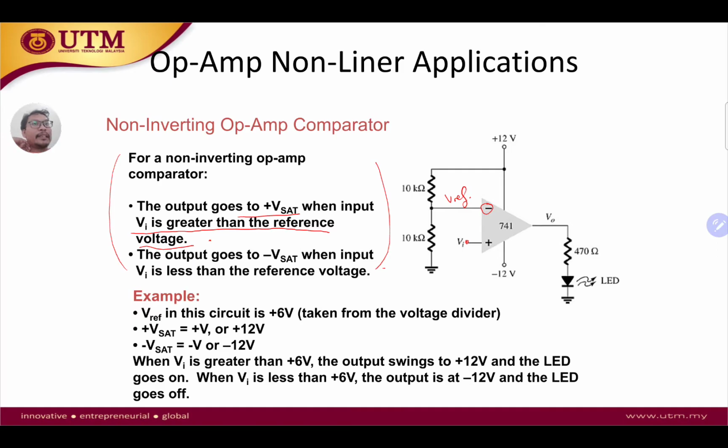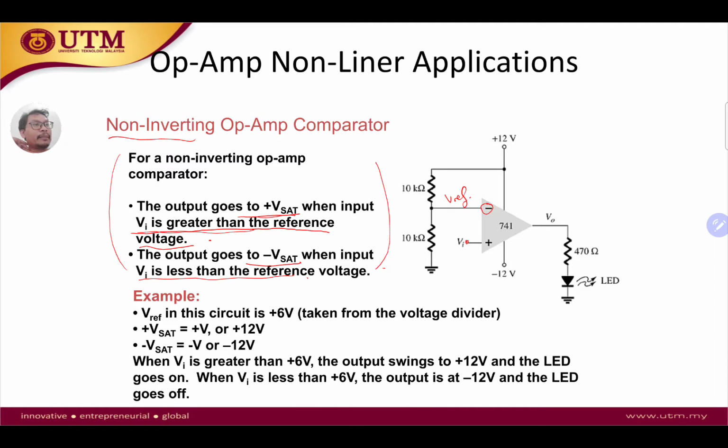If you put Vref on the negative, it becomes a non-inverting comparator, where the output goes to Vsat if Vi is greater than the reference. The output goes to negative Vsat when Vi is less than the reference.